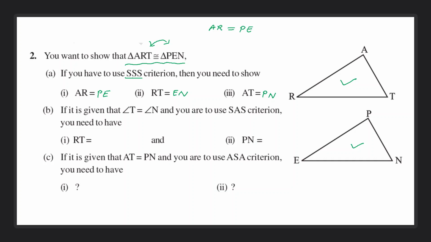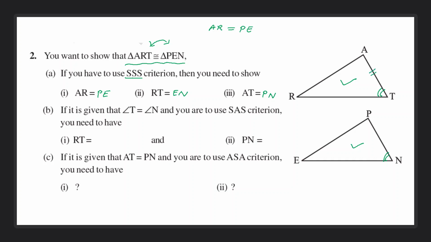If it is given that angle T is equal to angle N, now we are provided that this angle is equal to this. And now you want to use SAS criteria. Once again, for SAS, we know that we need two sides and the included angle. So the angle is already given. So which two sides include them?